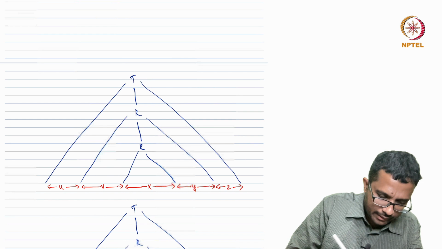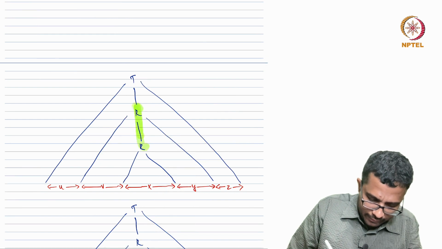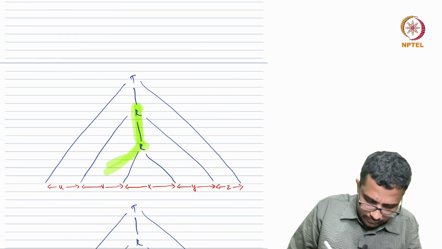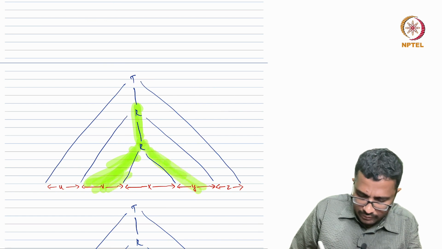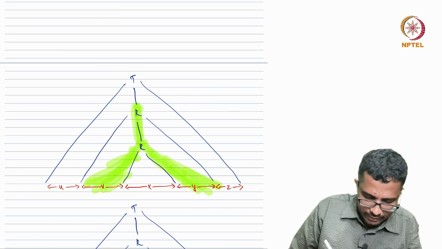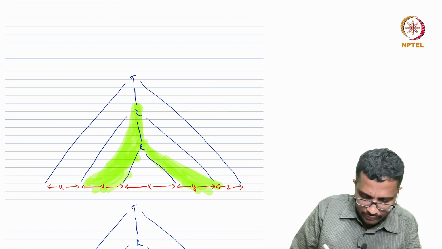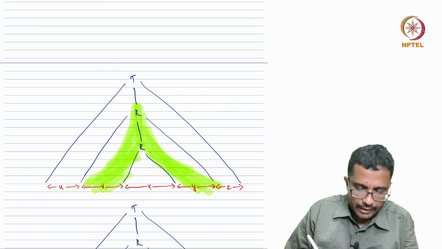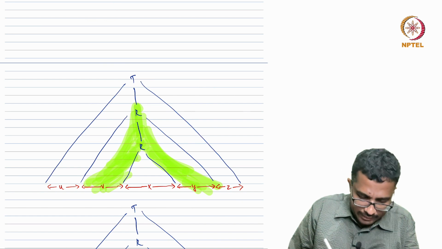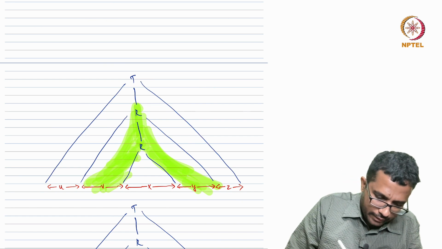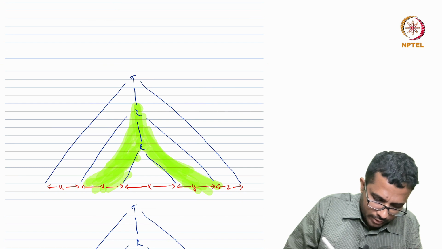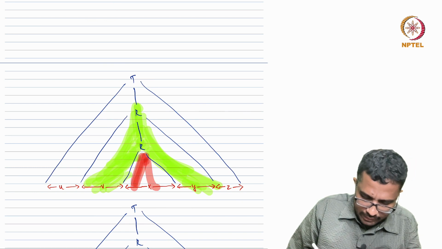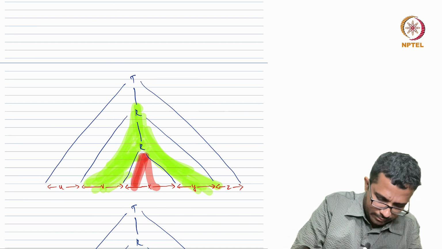Maybe I'll highlight that. This r derives v r y, and the second r, maybe I'll use a different color highlight, the second r, sorry, not this.